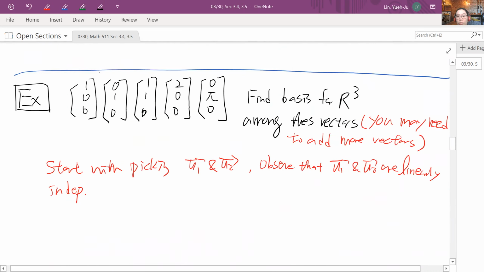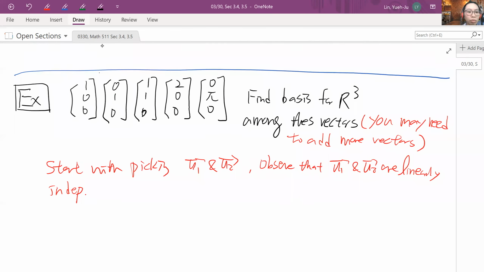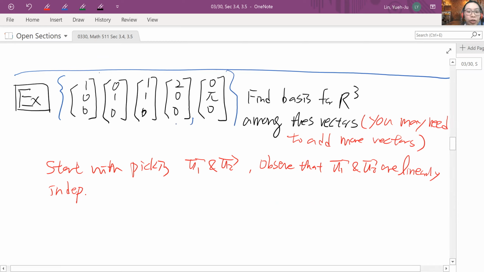And another problem I want to do is the case where you may have too many vectors, right? So I give you these 5 vectors, and I want to use these 5 vectors and see whether they form a basis.